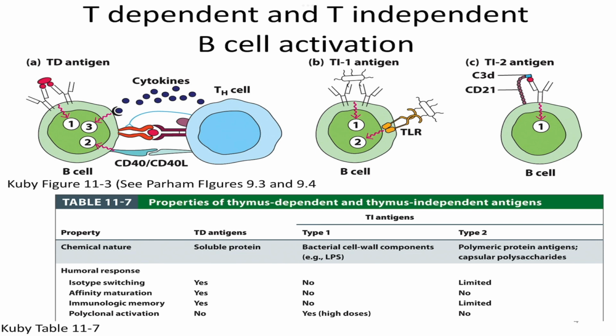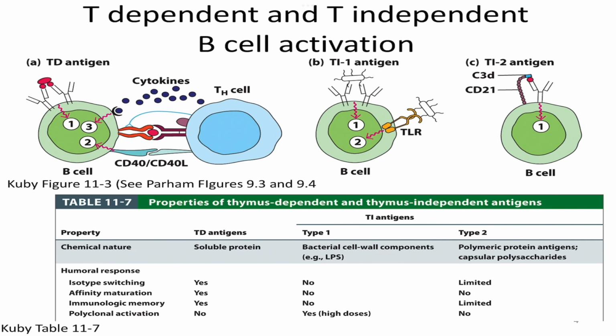I also mentioned to you last time that when we think about the B cell being activated, there are a couple of different ways that B cells can be activated. B cells can be activated either in a T-dependent or T-independent manner. Your textbook shows a similar figure to this in figures 9.3 and 9.4.